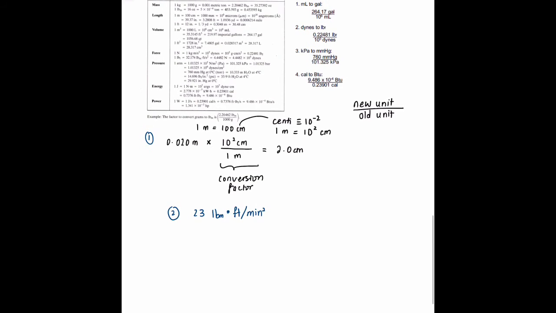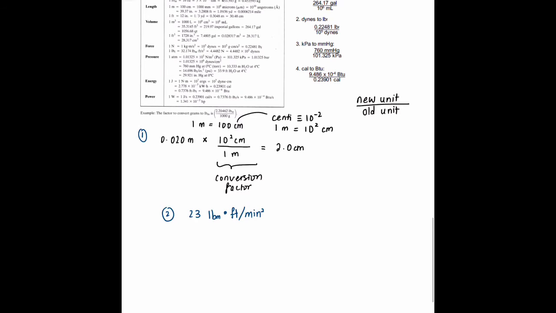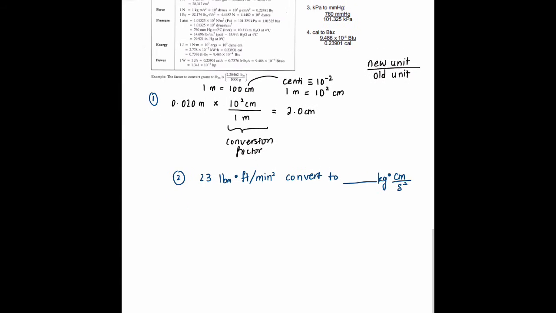For example 2, I have 23 lbm multiplied. So let me just look at the chart now. I would want to convert this to kg cm per second square.